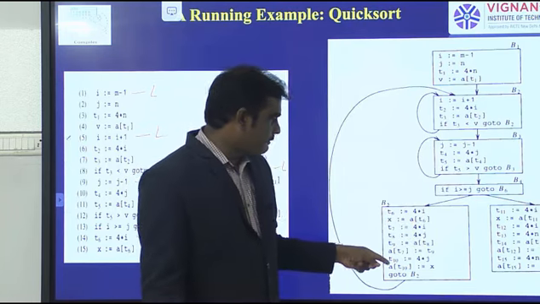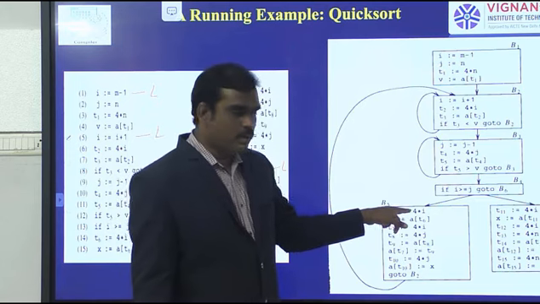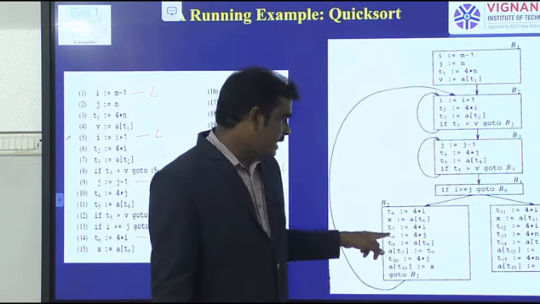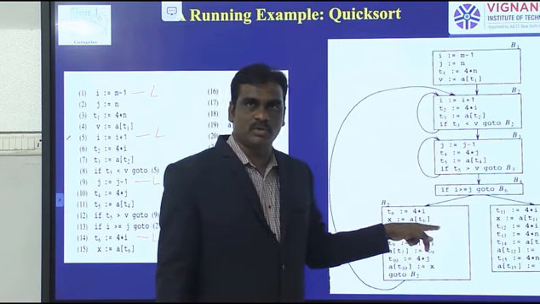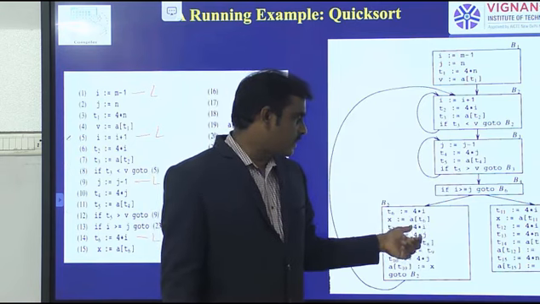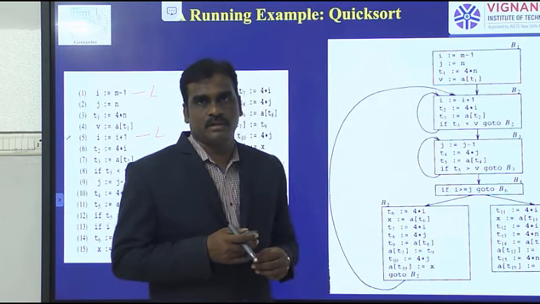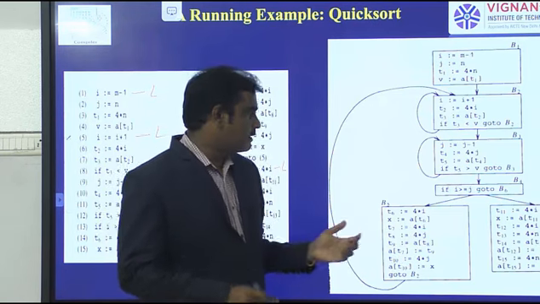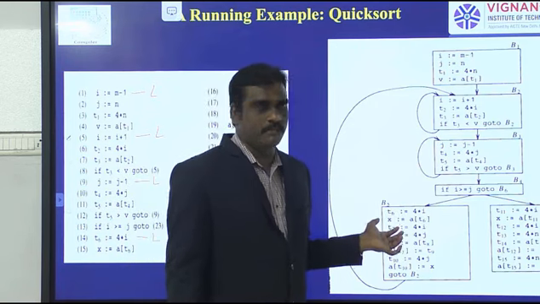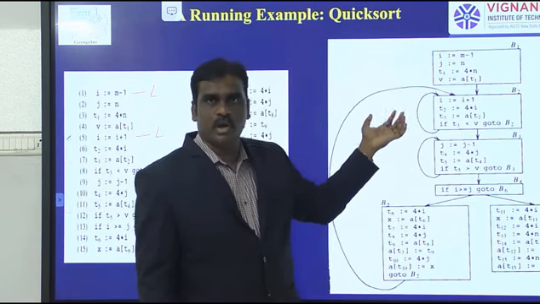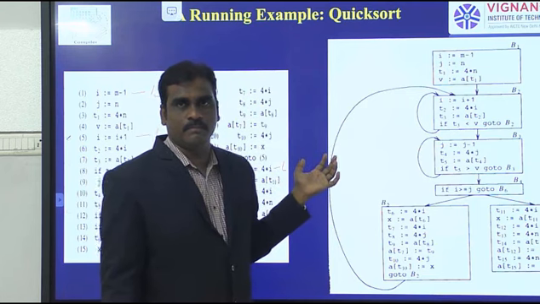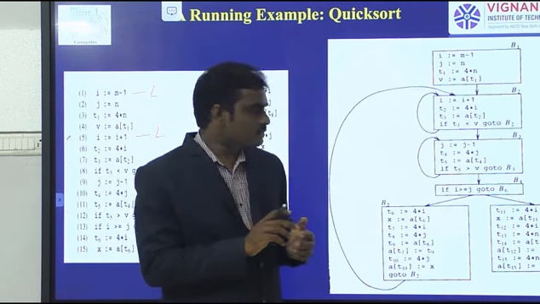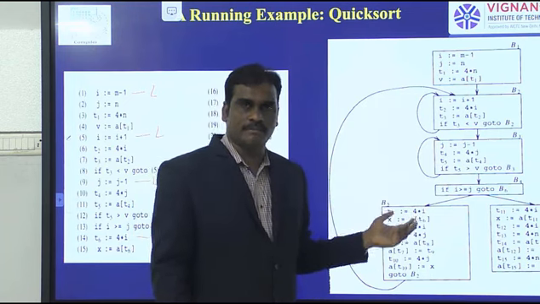If you observe block 5, T6 equal to 4 into I, and then T7 equal to 4 into I. So 4 into I is the same, it is a common sub-expression. That's why we take block 5 first. Blocks 1, 2, 3 and 4 don't have any local common sub-expression. So take block 5.